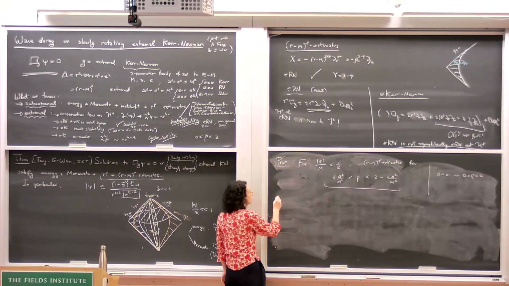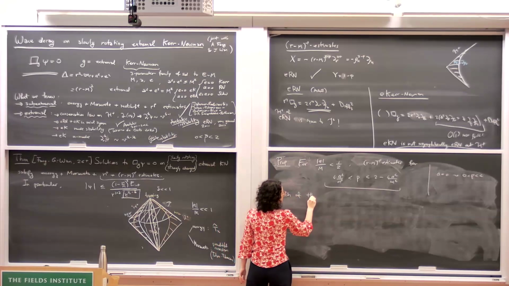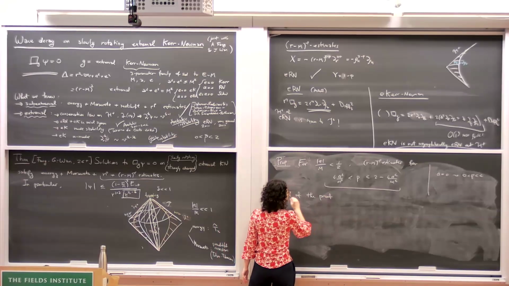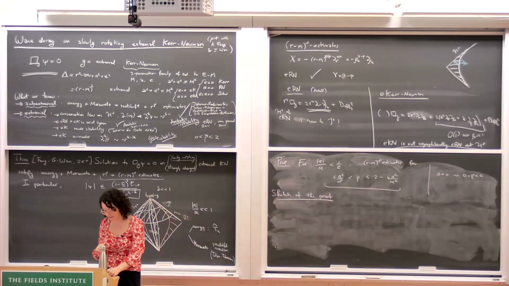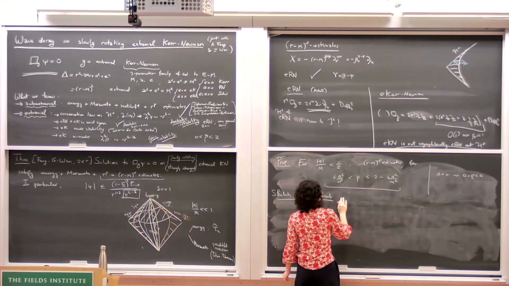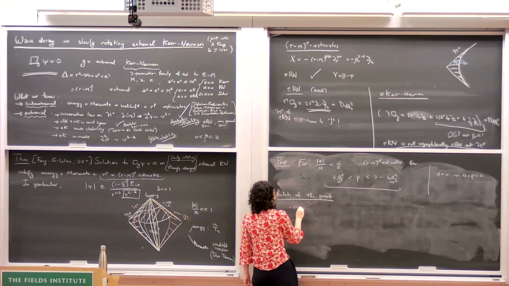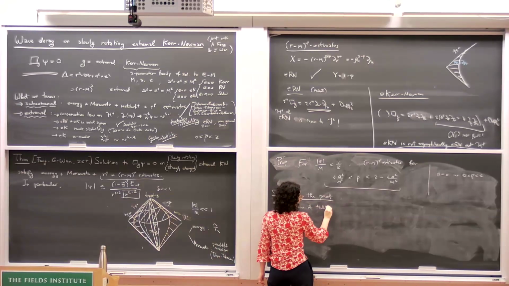So let me, in the last 5 minutes, give some sort of sketch of the proof of the theorem. We actually start with a choice of multiplier in axial symmetry.